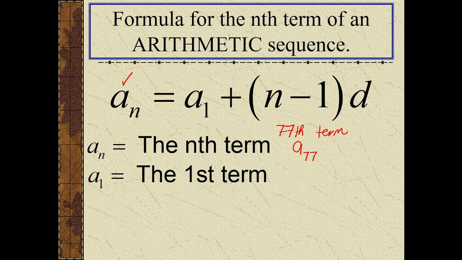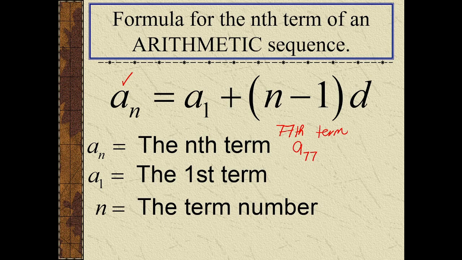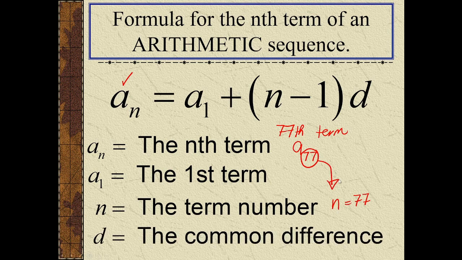So a sub n is simply a sub 77. The first term, you already know that. N is the term number. Now, for example, I am looking for the 77th term. What is n here? N is equal to 77. That's totally right. So whatever is the subscript of your a, that will be your n, and that will give us 77. The common difference, that's d.